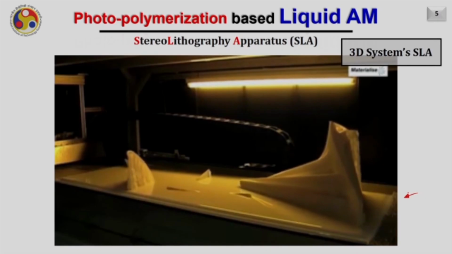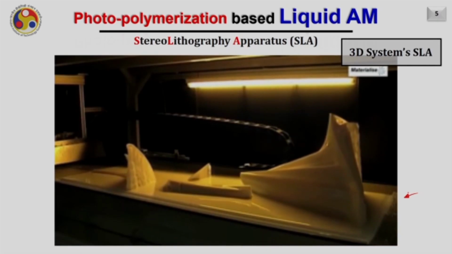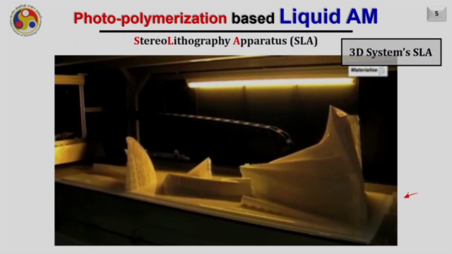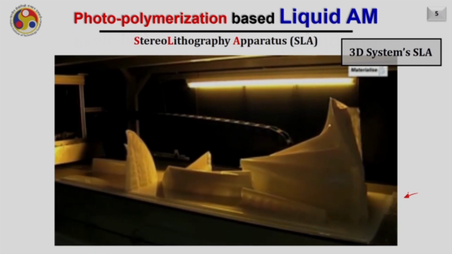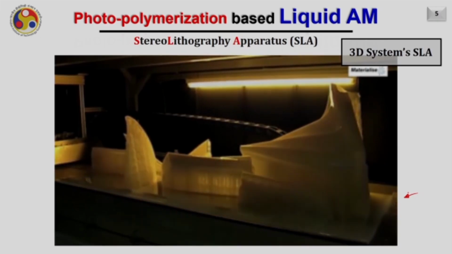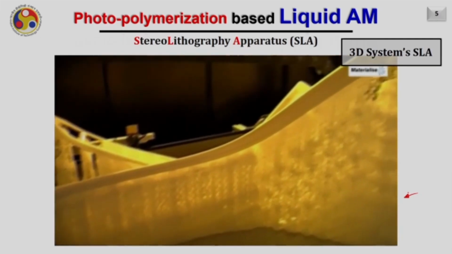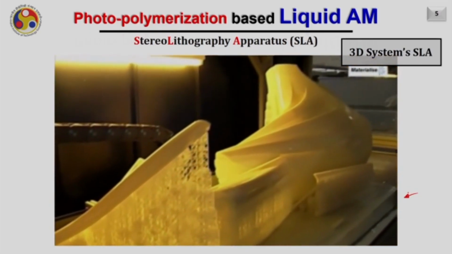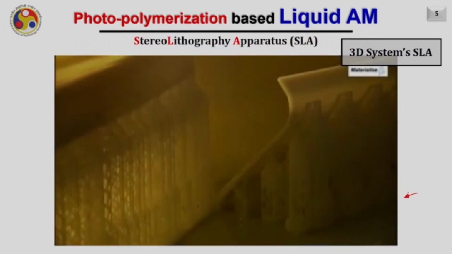And later on, we can remove the excess material which is provided here in the form of support. All this low density structure that you are seeing here is nothing but the support structures.